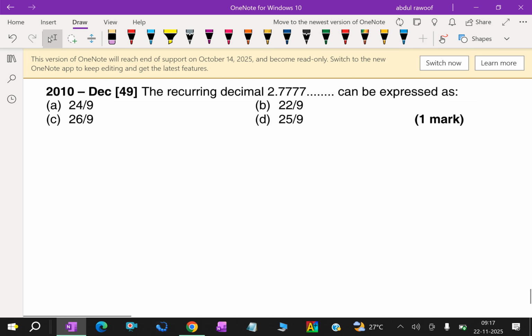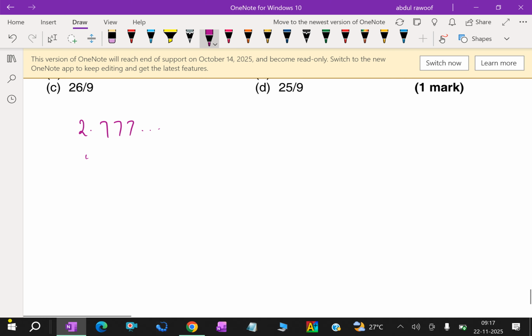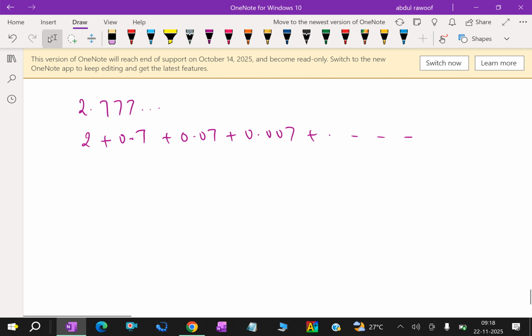Next one, the recurring decimal 2.7777 up to infinity can be expressed as, look at this, 2.77 continuing, we can write this as 2 plus 0.7, 0.07, 0.007, continuing up to n times.